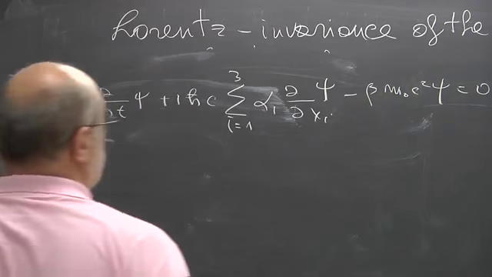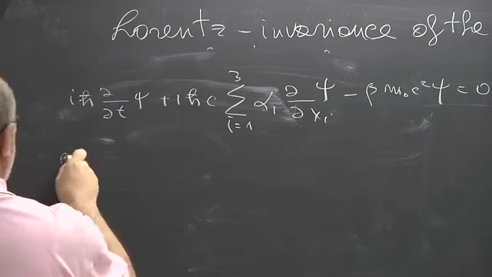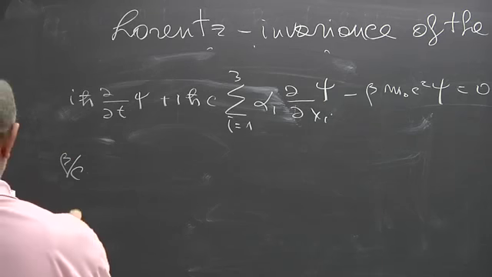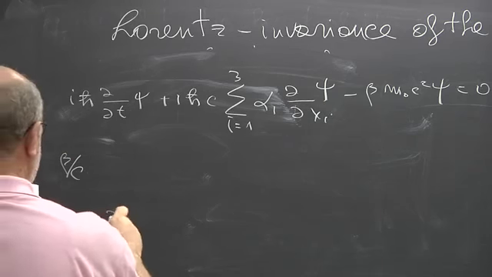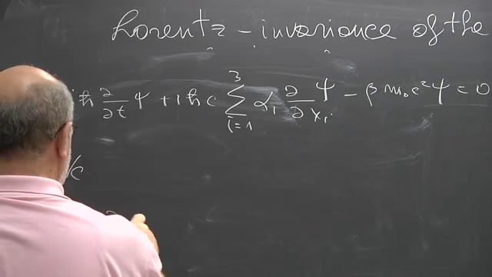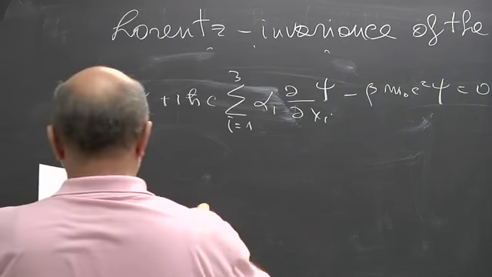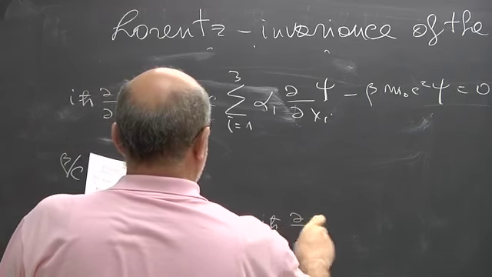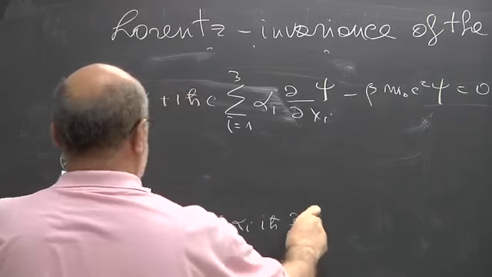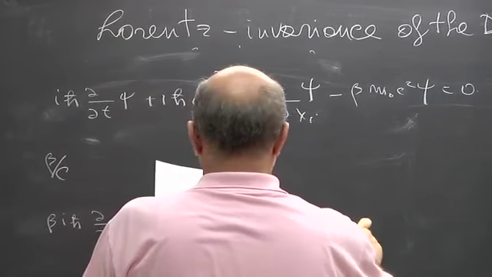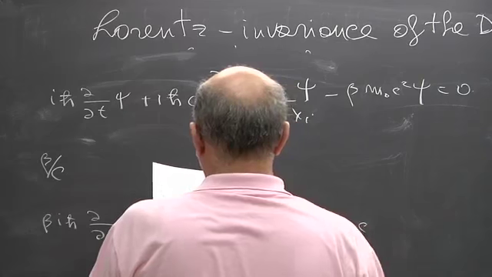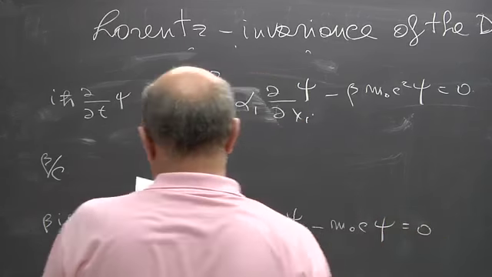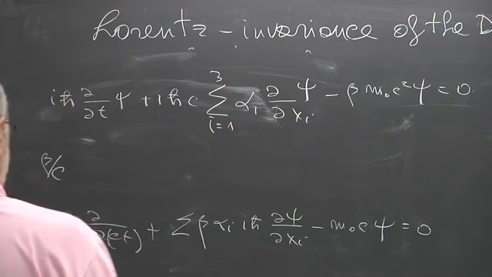Now let's multiply this on the left by beta over c. If you do, you get the following: beta iħ derivative with respect to ct plus beta alpha i iħ d/dxi psi minus m0 c psi equals 0.